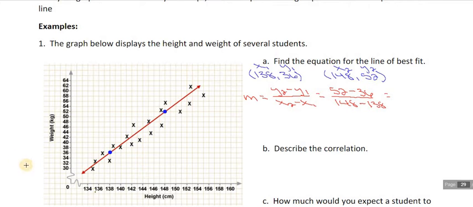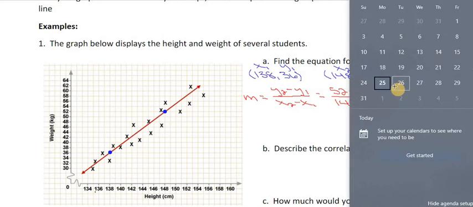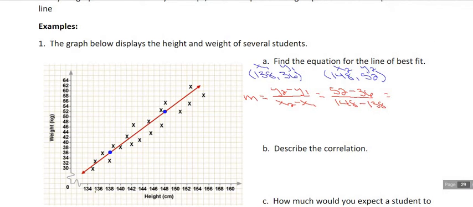Again, because this is a word problem, a real life situation, a decimal representation for the slope would be appropriate. So if I do 52 minus 36, that's going to give us 16. So that's 16 over 10, which is 1.6 for my slope.